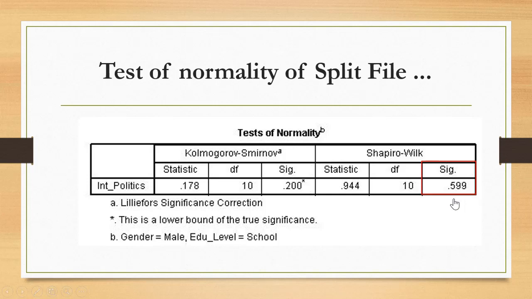If the p-value is less than 0.05, then we can reject the null hypothesis. If it is greater than 0.05, we fail to reject the null hypothesis, and we can state that the data is normally distributed because there is no statistically significant difference between the two groups or the two variables.